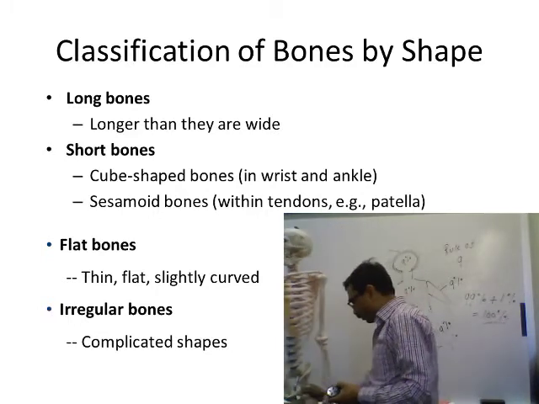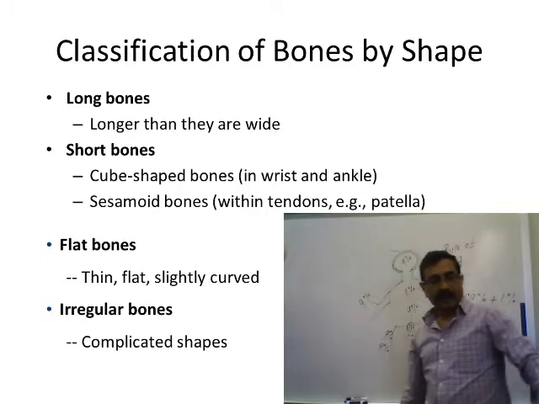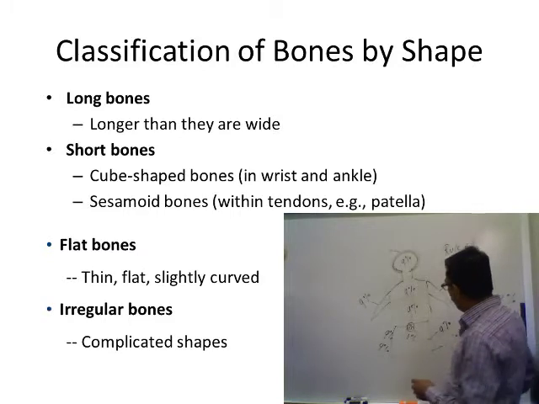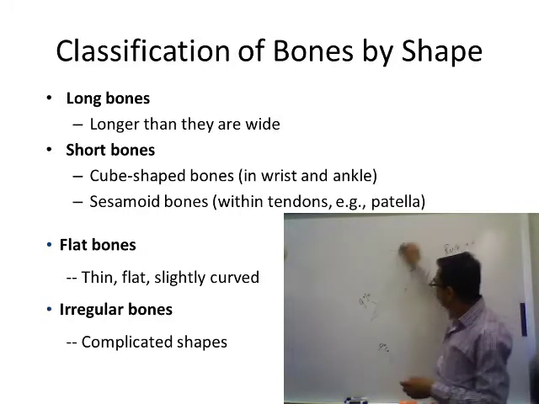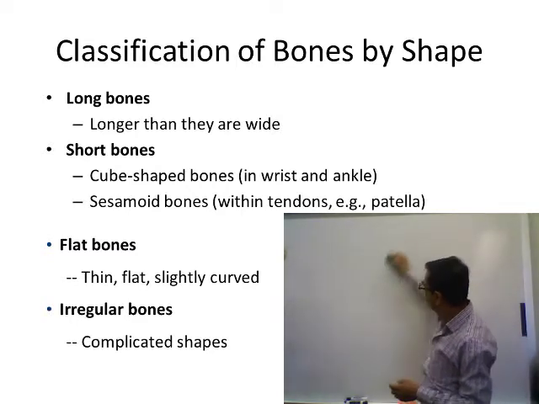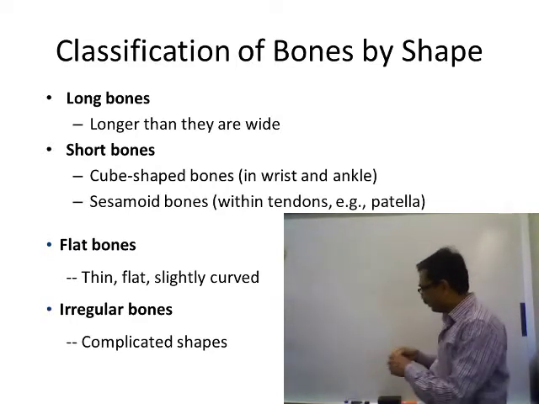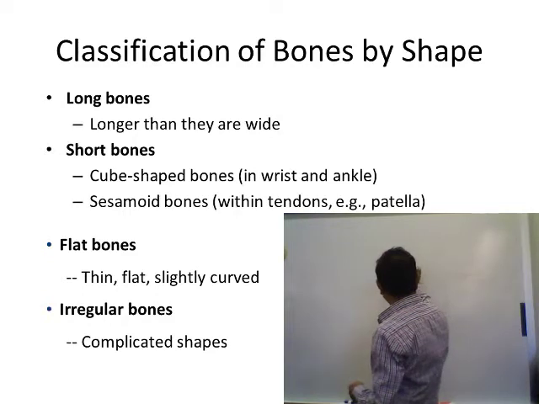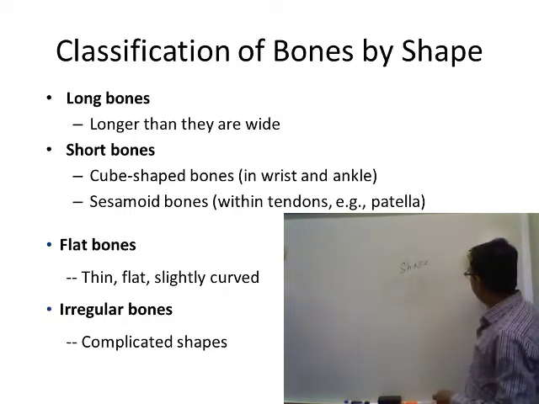Classification of bones. We classify the bones in two ways. One is by looking at the shape, and another way is by looking at the texture.